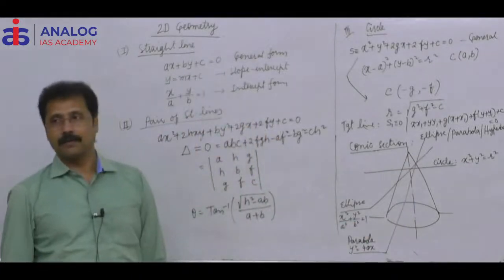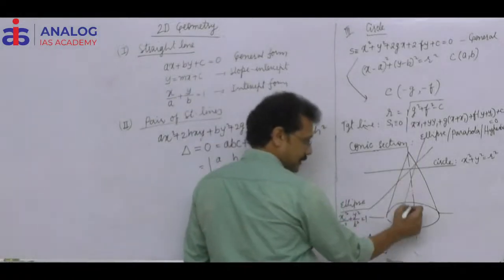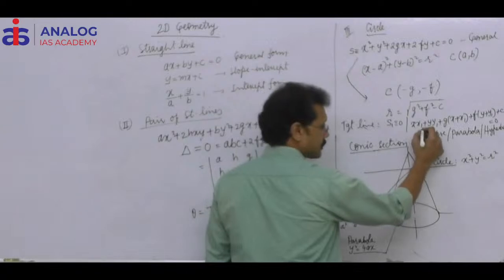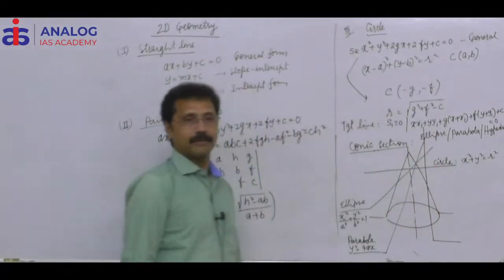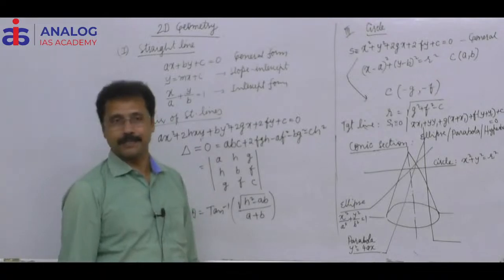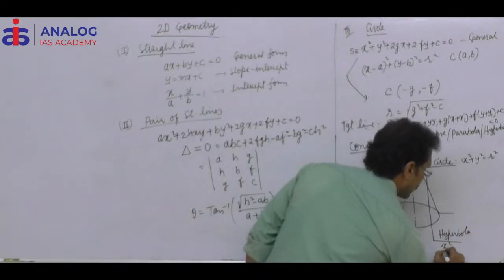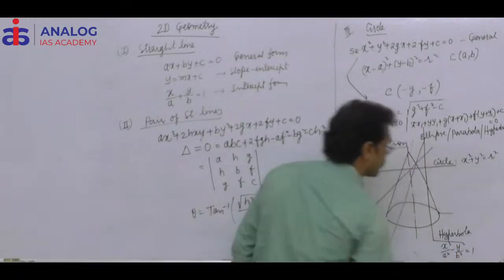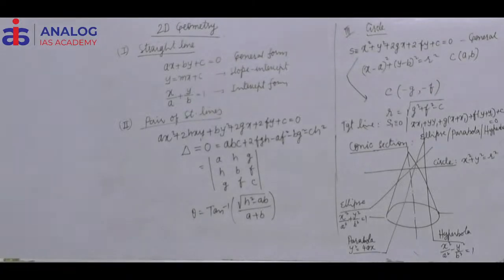Instead, there is another final section which is parallel to the axis. If I intersect that way, I get something called a hyperbola. It looks like x square by a square minus y square by b square equal to 1.